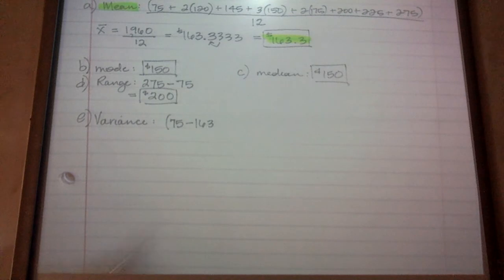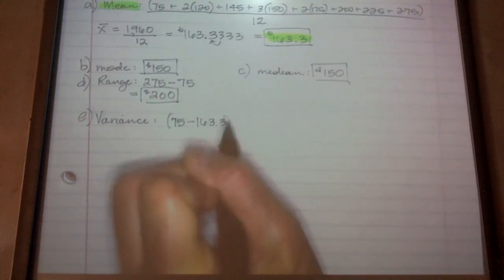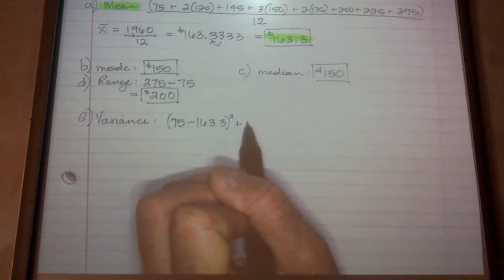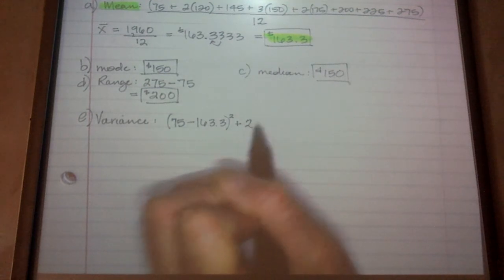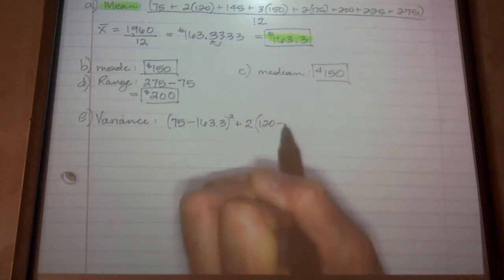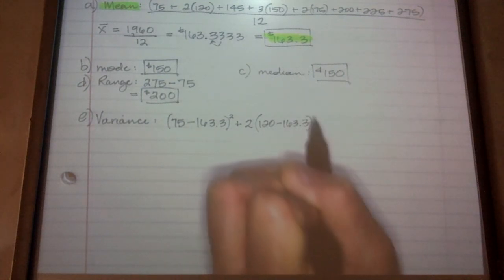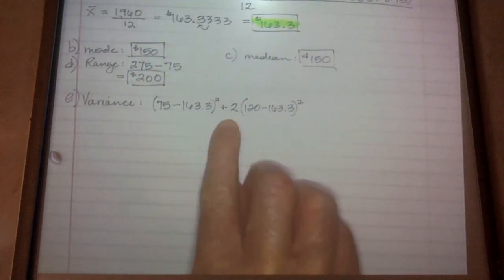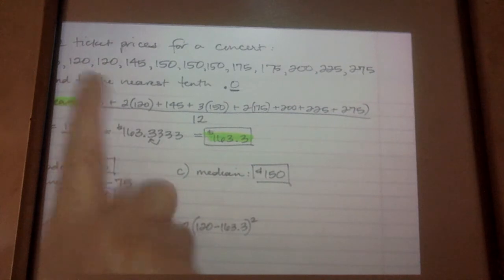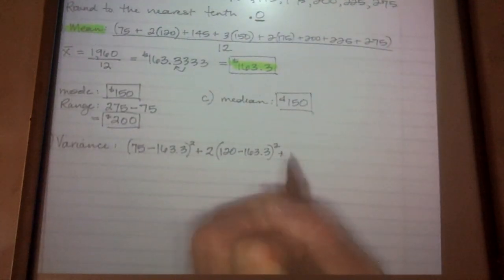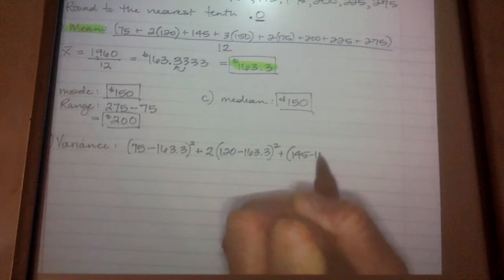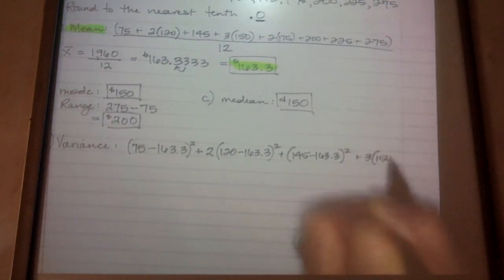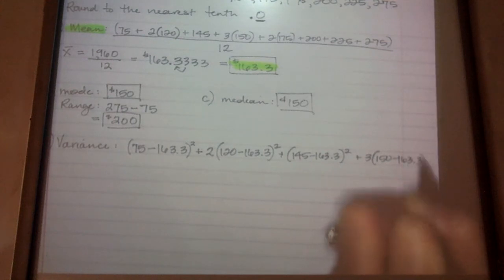And I'm going to square that difference. And then I'm going to do the next piece of data. Now there are two 120s, so I'm going to do 2 times 120 minus 163.3. You do have to do it for each one, so I can either write it twice or I can put the 2 out here because there are two 120s. All right, plus 145 minus 163.3 squared plus 3 times 150 minus 163.3 squared.